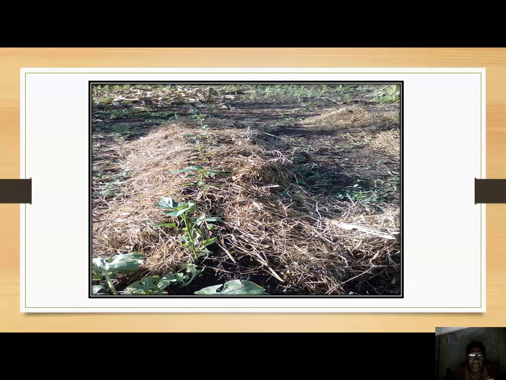So the process of mulching using dead dried grasses is on the picture. An example of mulch and the process of mulching is demonstrated on that picture.